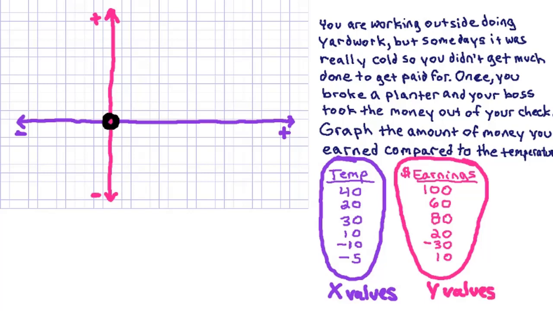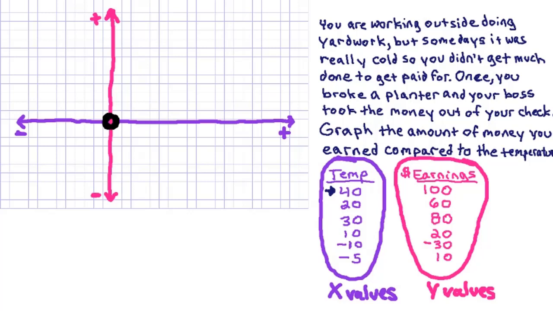So let's go ahead and start this and try to graph how this turns out. So the first time you go to work, the temperature is 40 degrees. So on your x-axis, that's going to be 40 degrees, and that's going to be in the positive. Your x-axis is the purple going left to right.